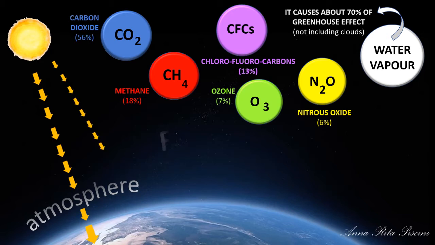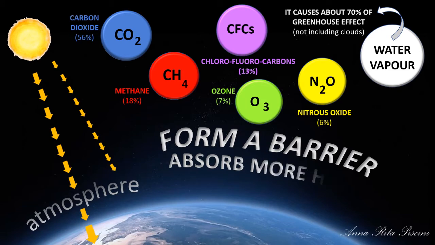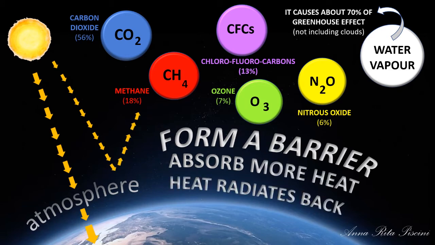These greenhouse gases form a barrier in the atmosphere, absorb more heat, and then this heat radiates back towards the Earth's surface.